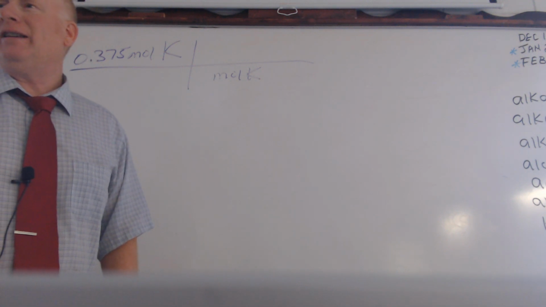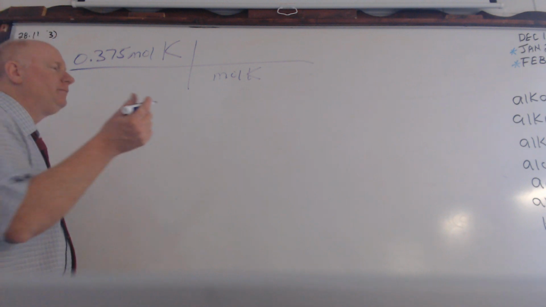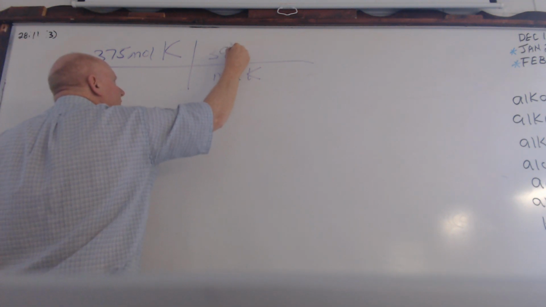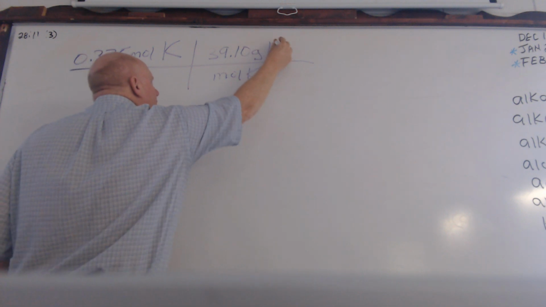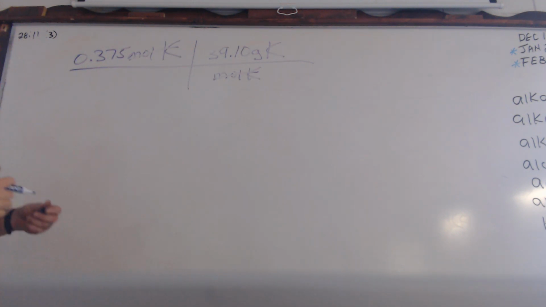What is potassium's atomic mass? Okay, we don't just make that number up. It comes off the periodic table. It's asking for what is the mass in grams. We're in grams now in step 2, so that's all the further that we need to go.